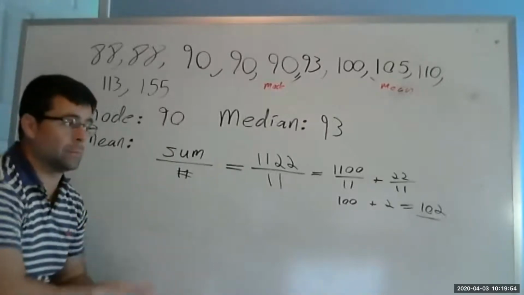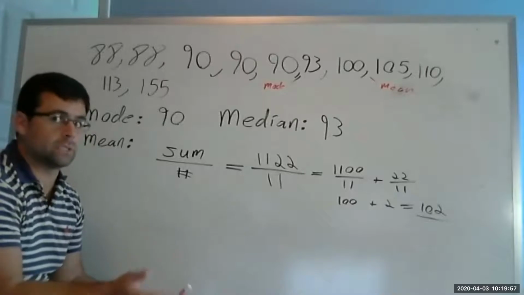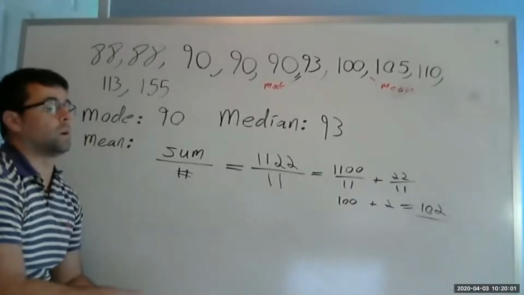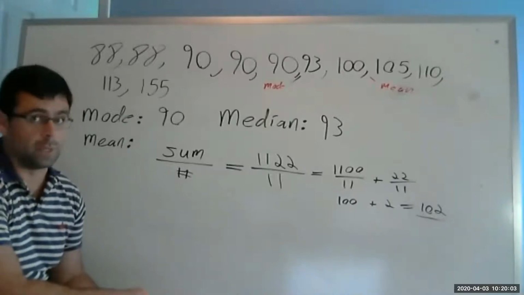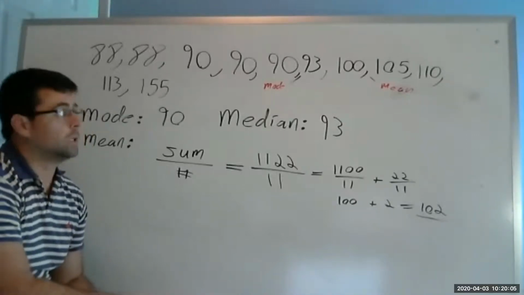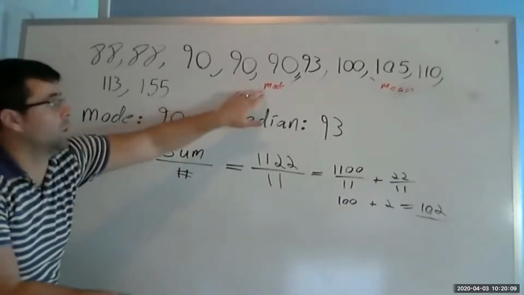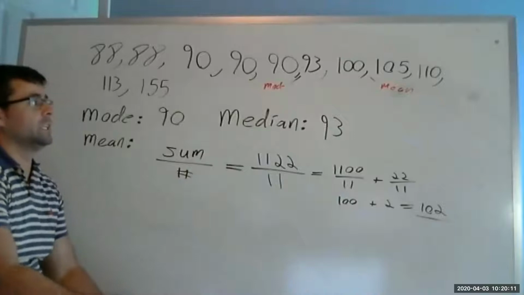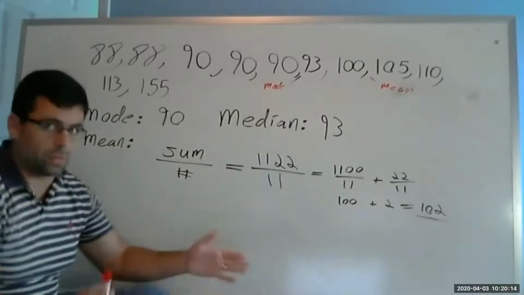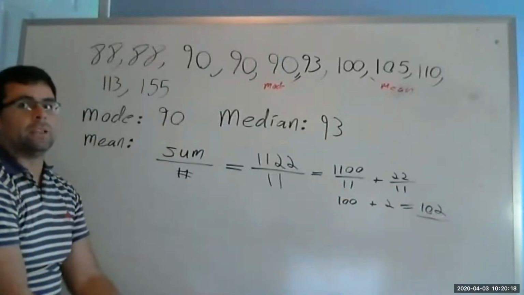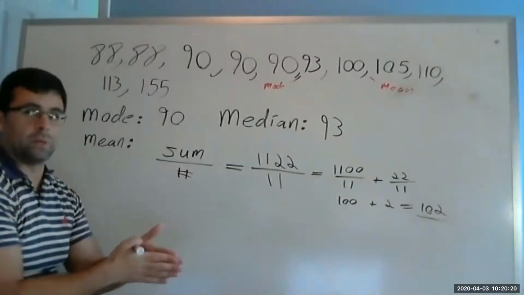A great example for this is salaries, people's income. There are a lot of people who make minimum wage. So the most common number, the mode, is usually below the middle number because there's a lot of people on the bottom end. The middle number is obviously somewhere in the middle.